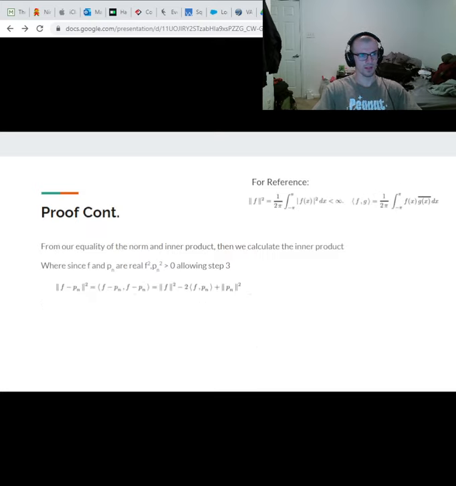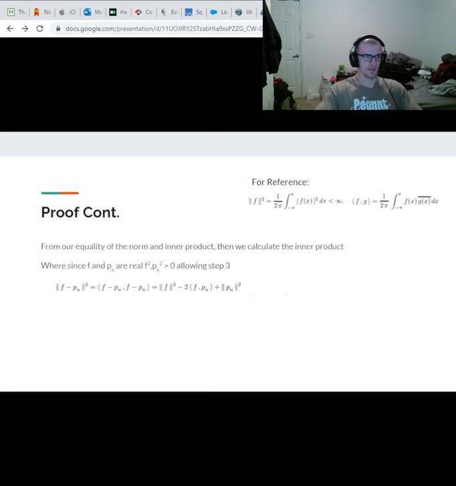Now, from the equality of the norm squared and the inner product, we get this relationship, and then we can calculate the inner product of f minus p sub n with f minus p sub n, where f and p are squared, using FOIL, such that we can rewrite those as the norm squareds, and then we collapse our 2 times fp back into an inner product.